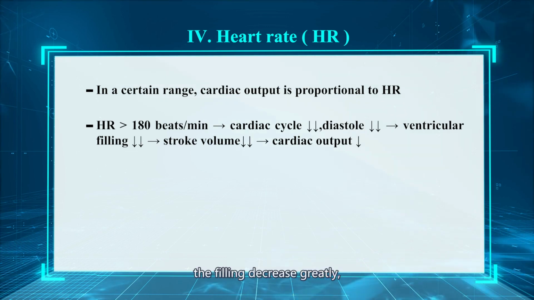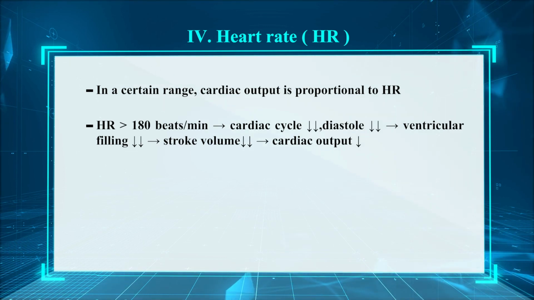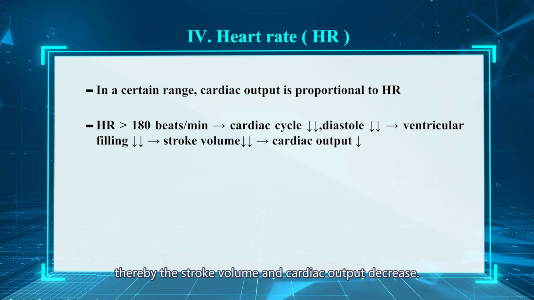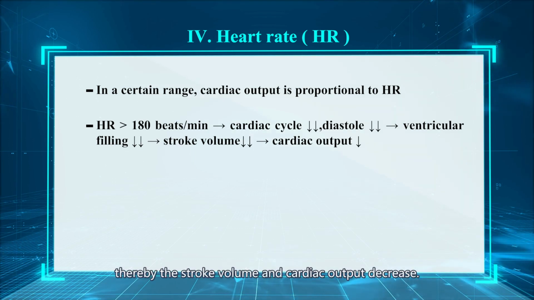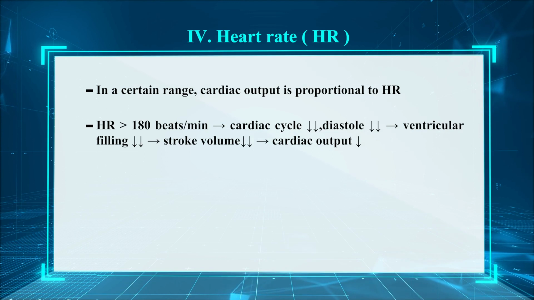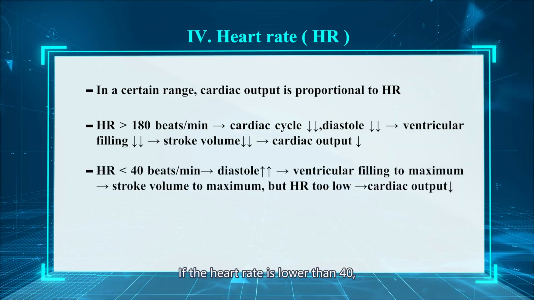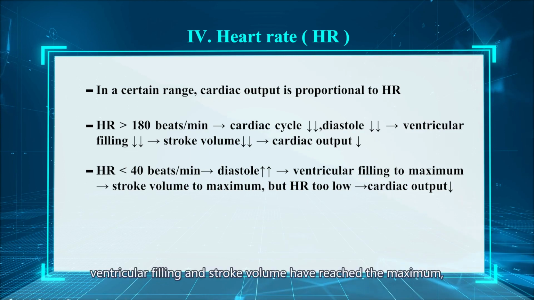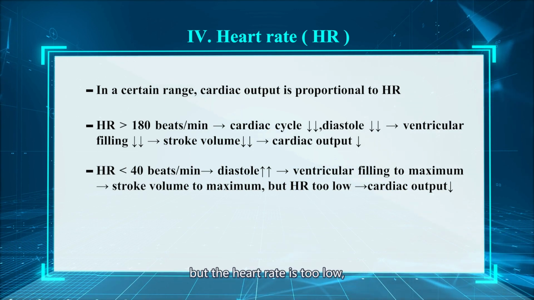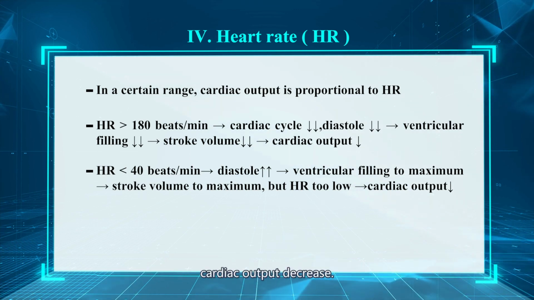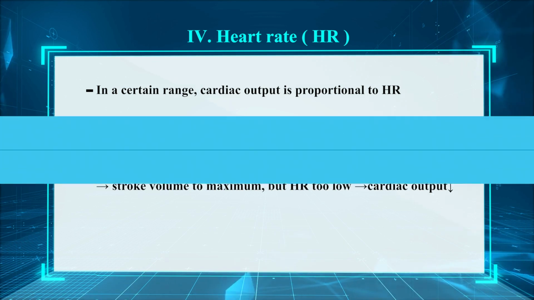The filling decreases greatly. Thereby, the stroke volume and the cardiac output decrease. If the heart rate is lower than 40, ventricular filling and the stroke volume have reached the maximum, but the heart rate is too low, so cardiac output decreases.